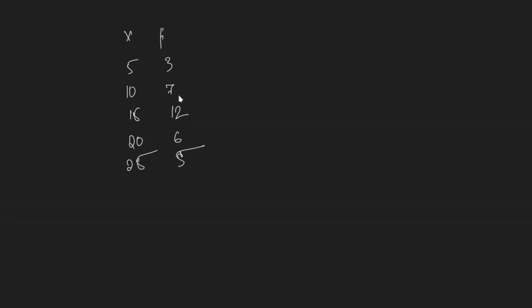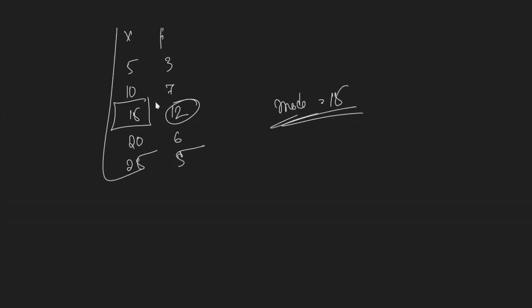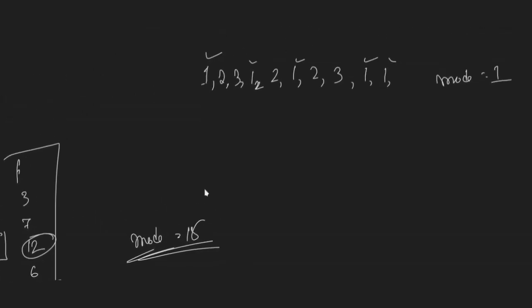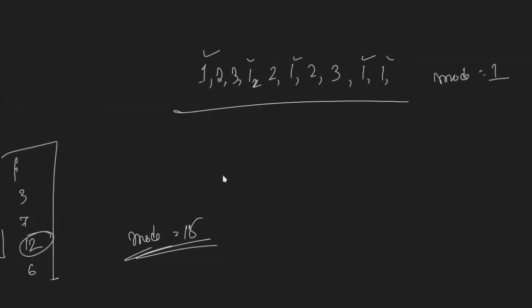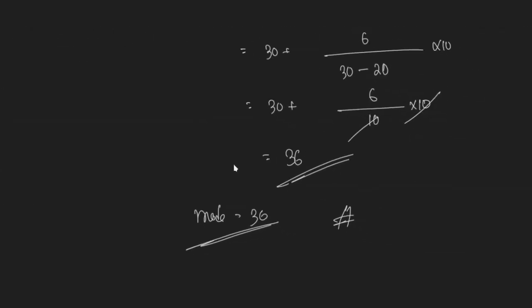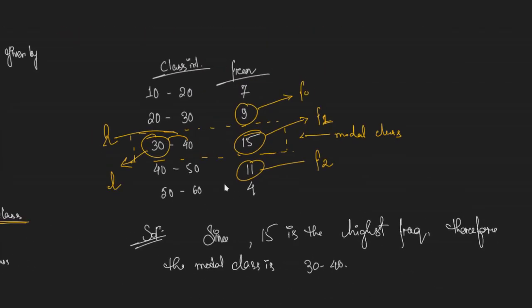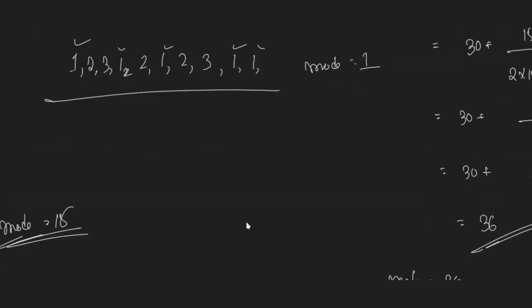Then the highest frequency is 12, so automatically the mode is equal to 15, right? So it is a discrete frequency table, simple values. So there are three ways you can calculate mode.